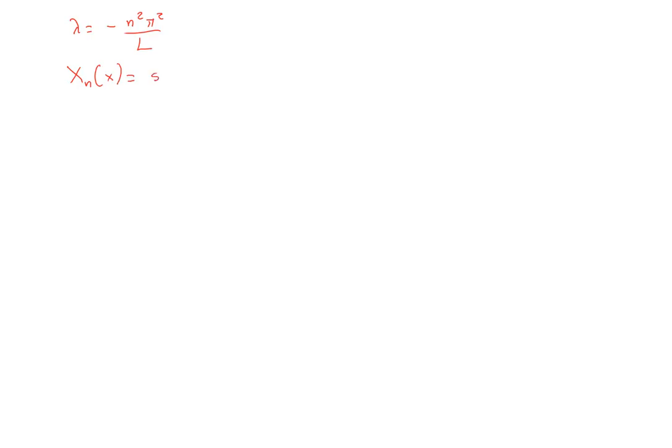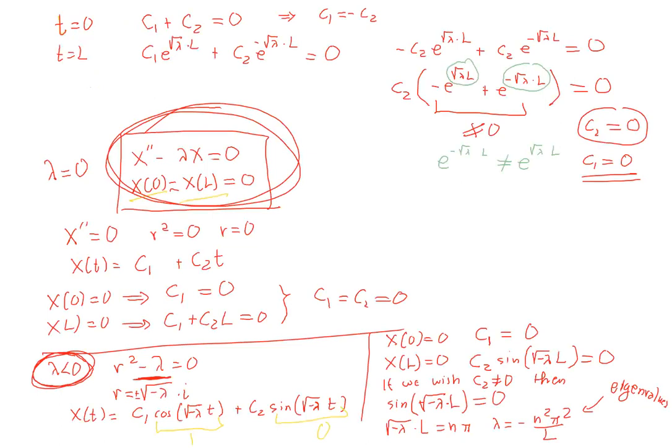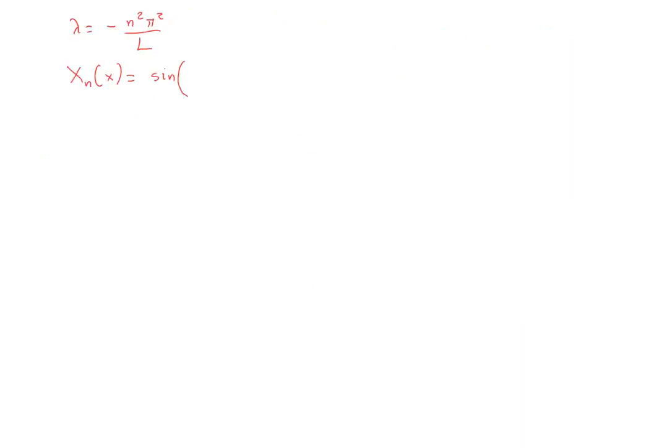So it's sine of the square root of negative lambda, and that is going to give me sine of n pi x over L.